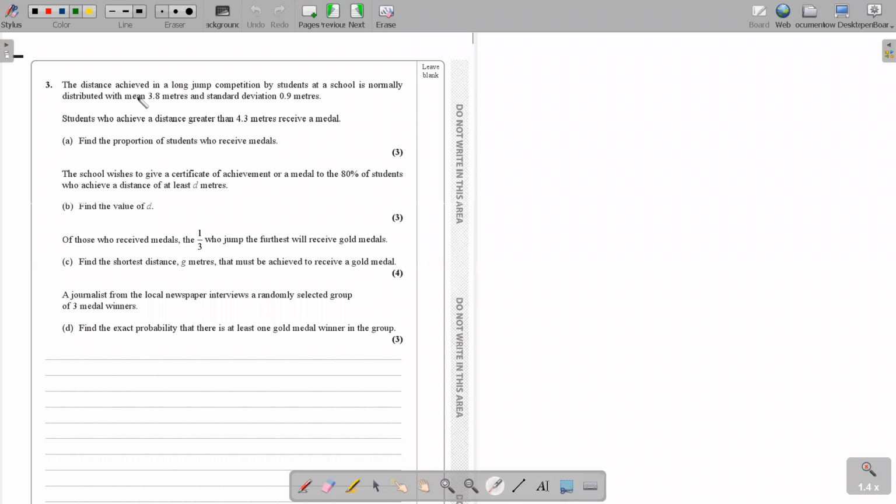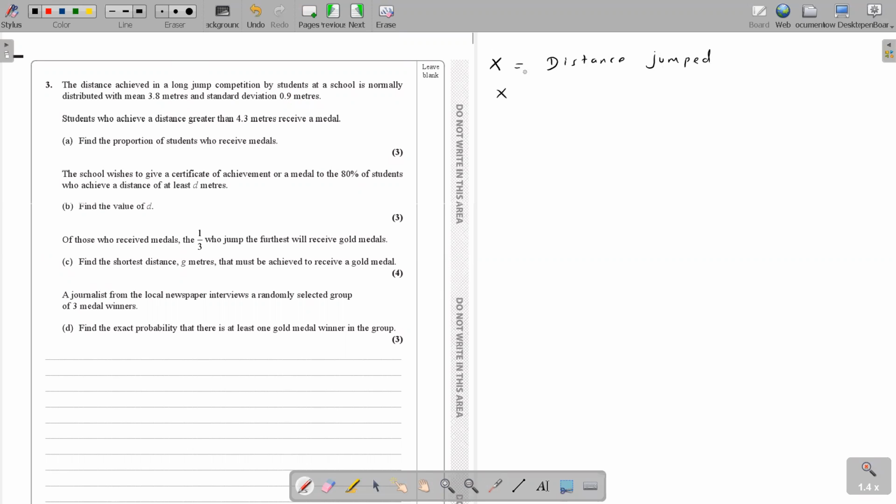Okay, so question number 3. The distance achieved in a long jump competition by students at a school is normally distributed with mean 3.8 meters and standard deviation 0.9 meters. So X is the distance you jump.